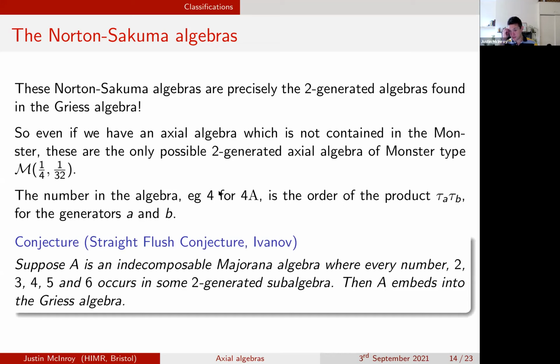Sasha Ivanov has made this straight flush conjecture, which says basically that if you see all of the products, 2, 3, 4, 5, and 6, in some two-generated subalgebra, then you must in fact embed into the Griess algebra. This is an open conjecture.